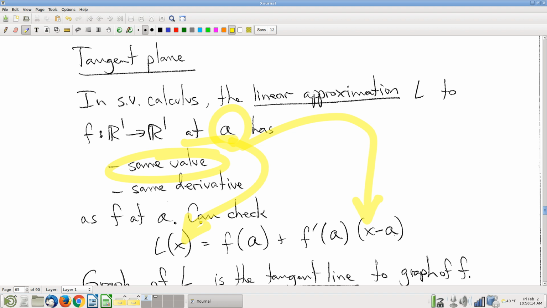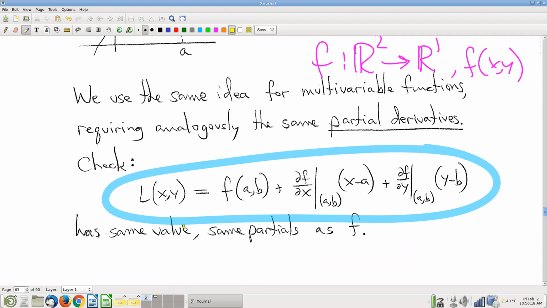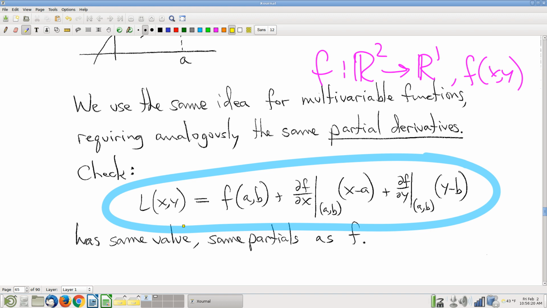Okay? And we're going to do the same thing down here. What is L of a comma b? Well, we're going to take x equals a and plug that in.